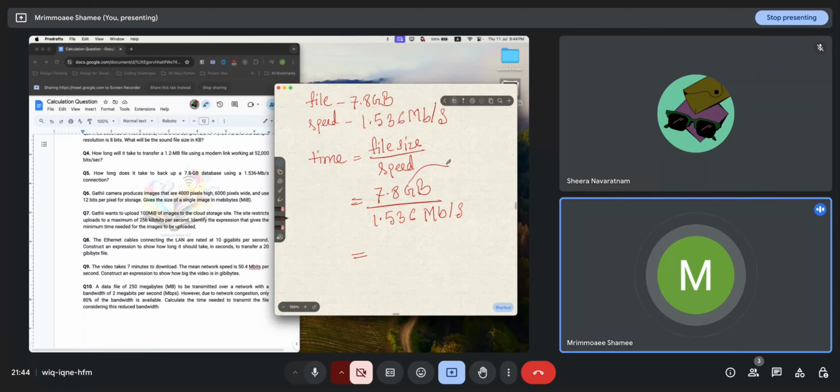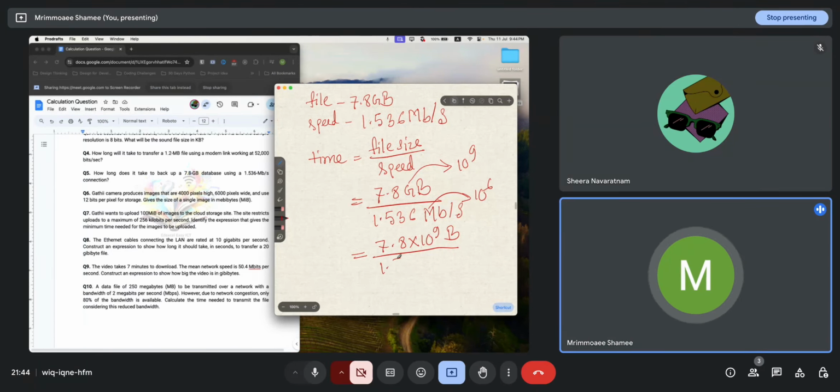For shifting, mega is 10 to the power 6, giga is 10 to the power 9. So here it will be 7.8 into 10 to the power 9. It will be in bytes because we just took out the giga. Now we also want to take out the mega as well, so for that we have to multiply by 10 to the power 6.